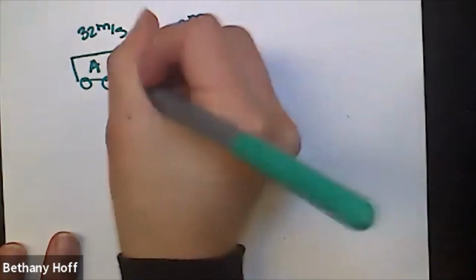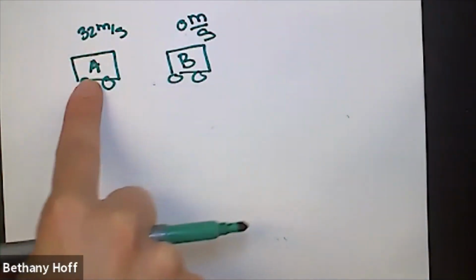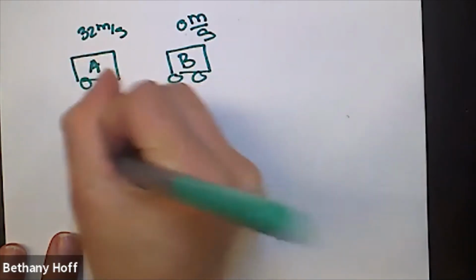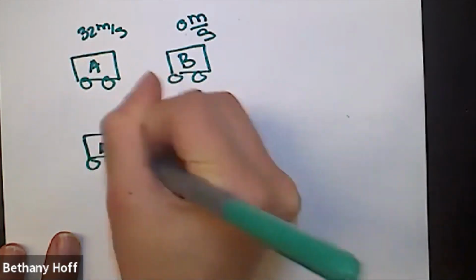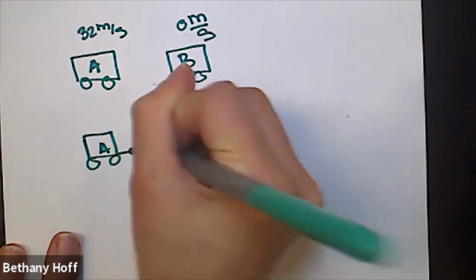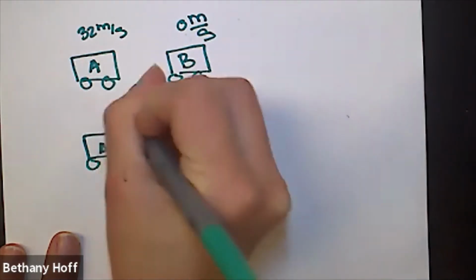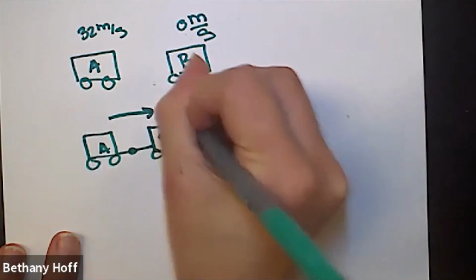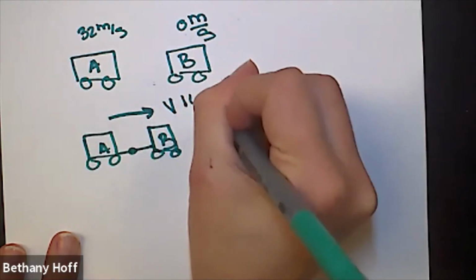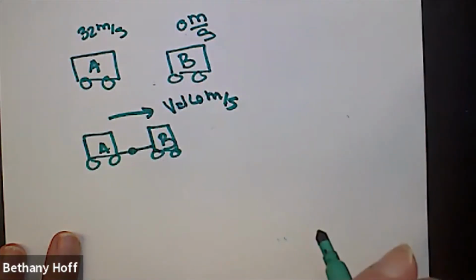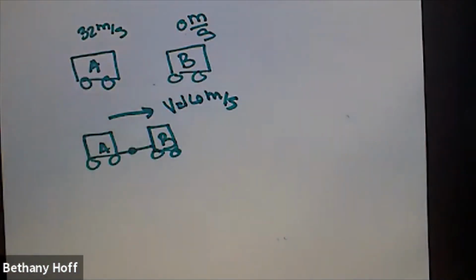What happens is that A collides into B, and then they start moving together because they become linked, like the little hitches that hold the trains together. So then together they move with a velocity of 16 meters per second. And so what we want to know is what can be said about the masses of trains A and B.